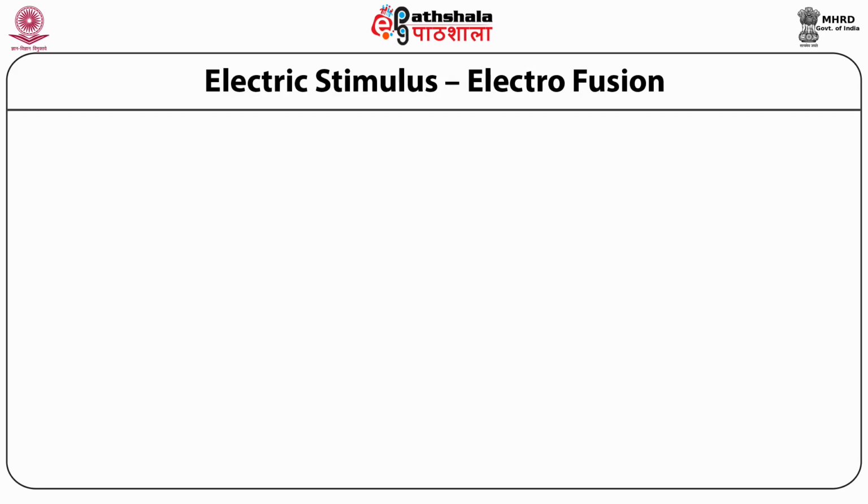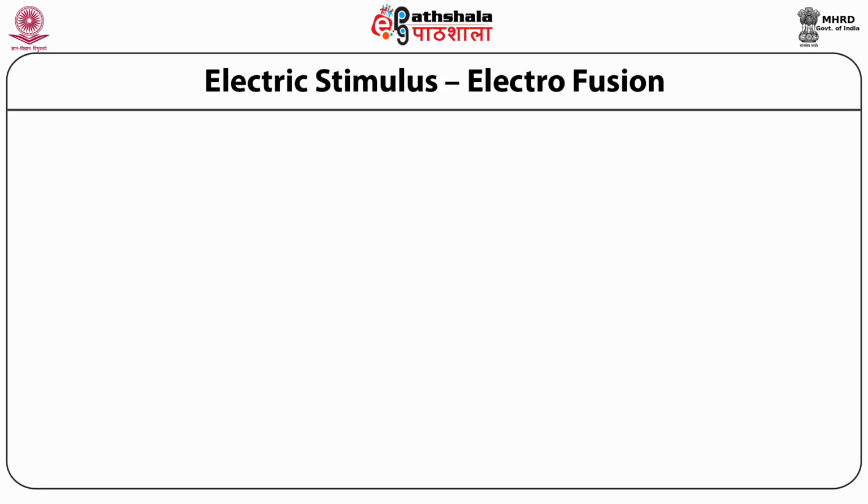The method is rapid, safe, as the treatment is non-toxic, and more reliable as it allows fusion of defined protoplast pairs. The electrofusion apparatus can either be fabricated or bought off the shelf because a large number of vendors are producing it now. The technique involves two steps. Step 1 is aligning the protoplasts, and step 2 is fusing the protoplasts.